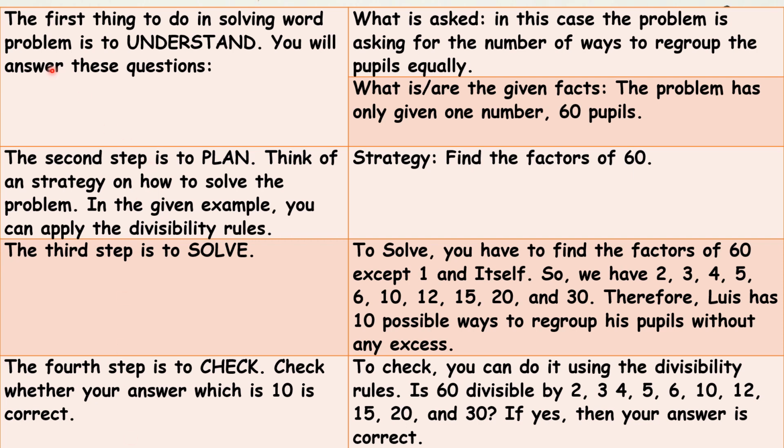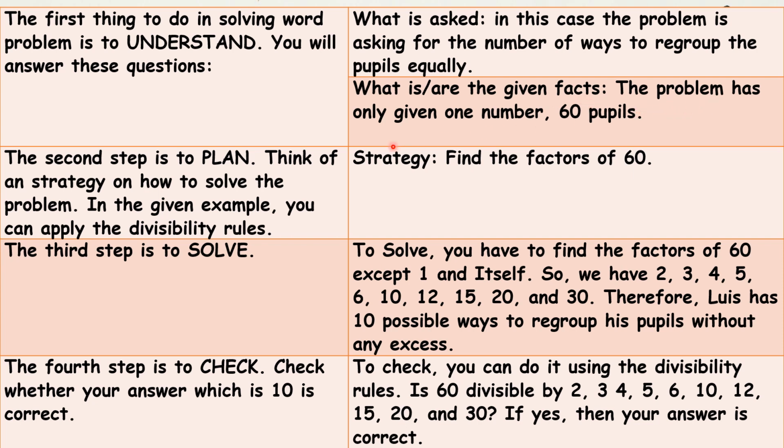Now, let's move on. The first thing to do in solving word problem is to understand. You will answer these questions. What is asked? In this case, the problem is asking for the number of ways to regroup the pupils equally. Next, what is or are the given facts?